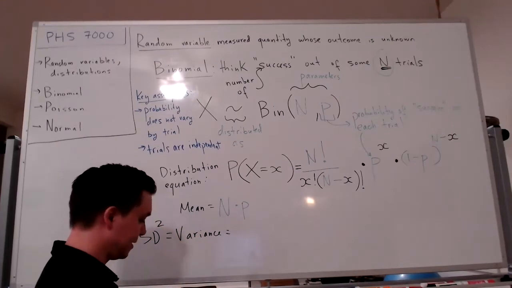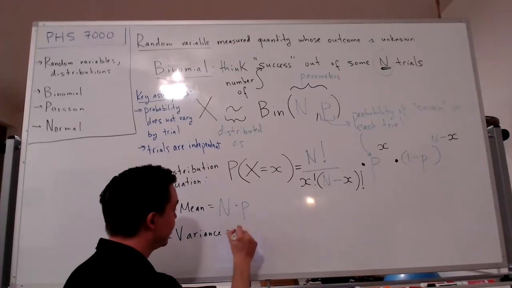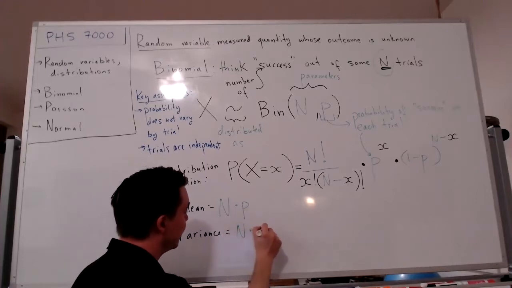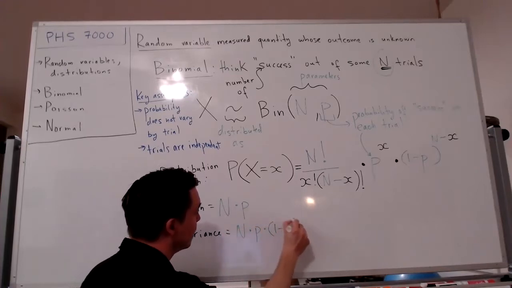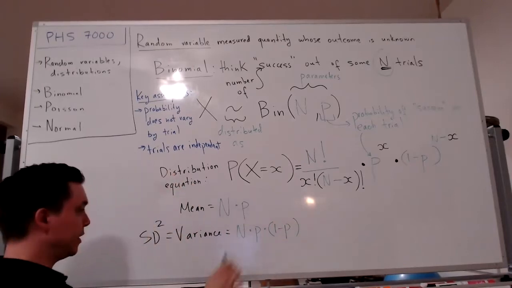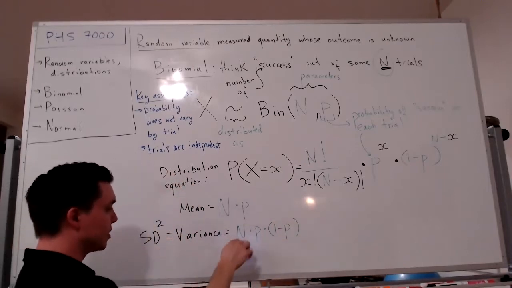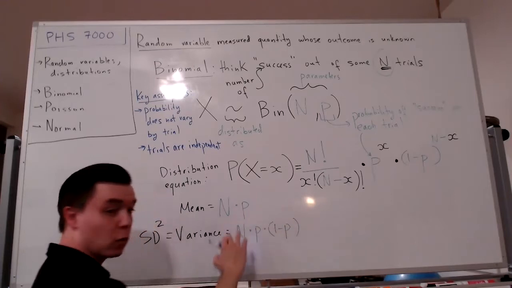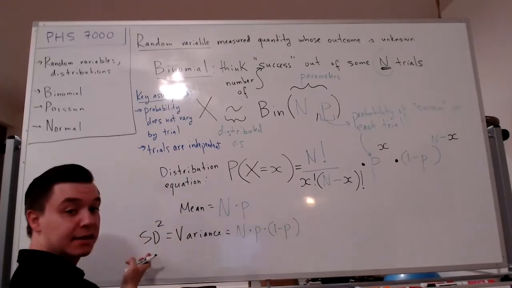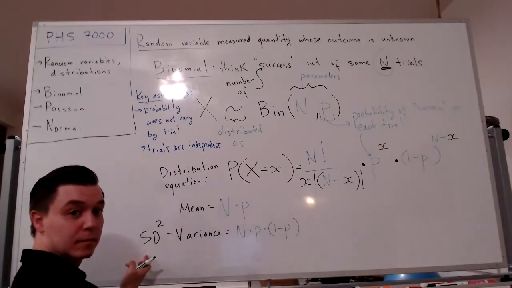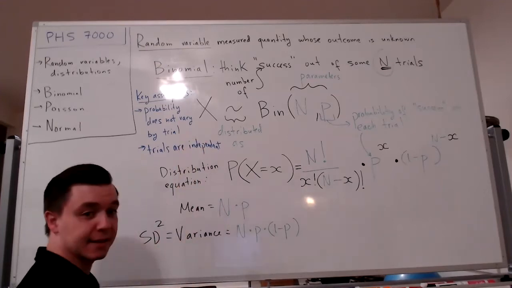And this is n times p times 1 minus p. So if you're trying to take the standard deviation, you just take the square root of the entire quantity, and you get back to the standard deviation. These are known facts about the binomial.